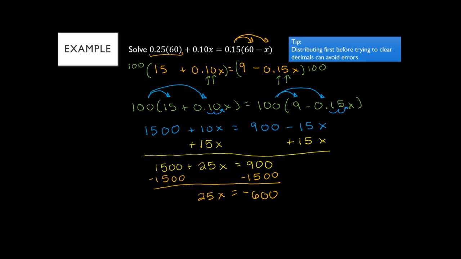So I have 25x equals negative 600. And we want to divide both sides by 25 so that we just get x. So negative 600 divided by 25, we get negative 24.